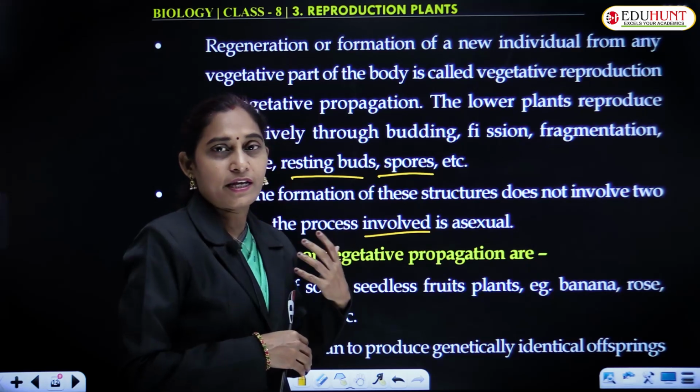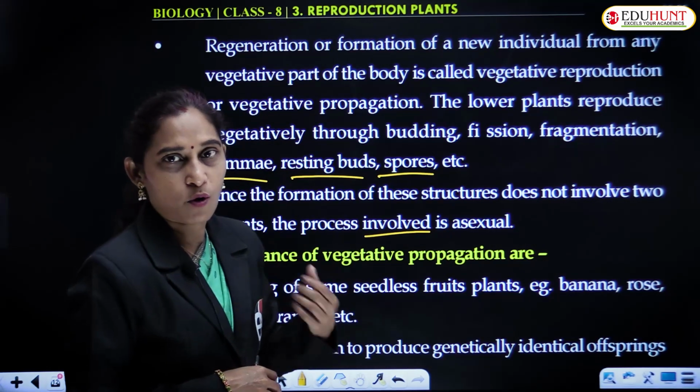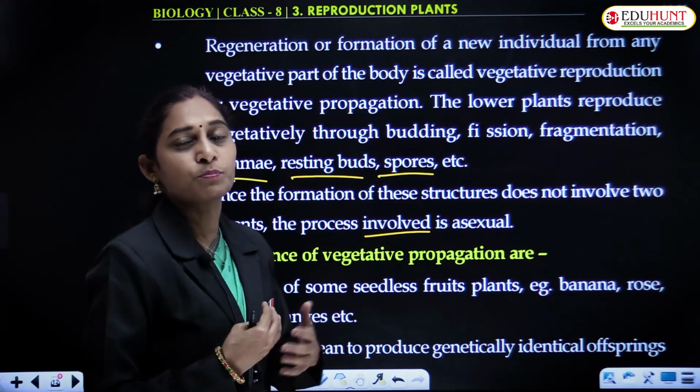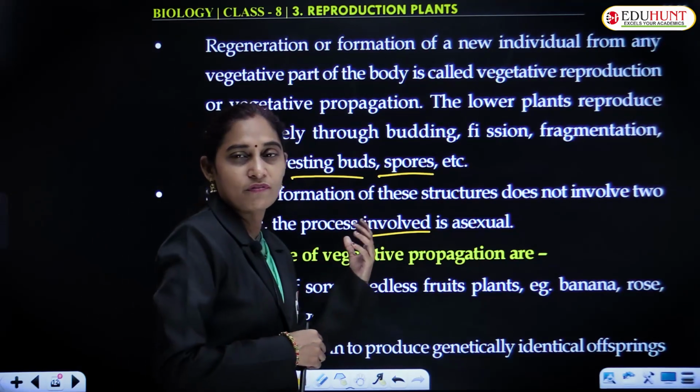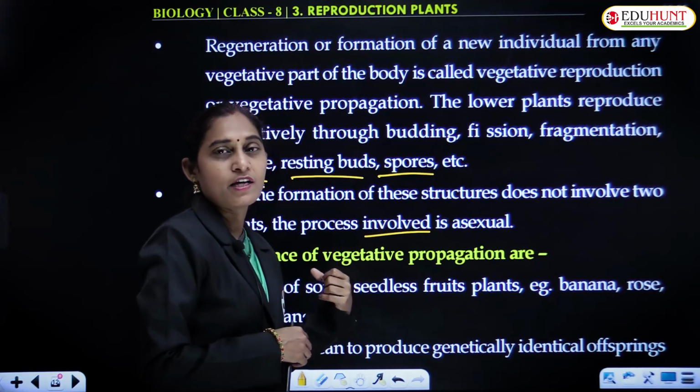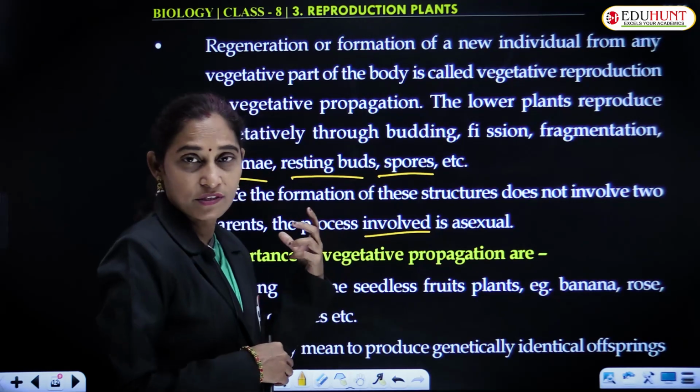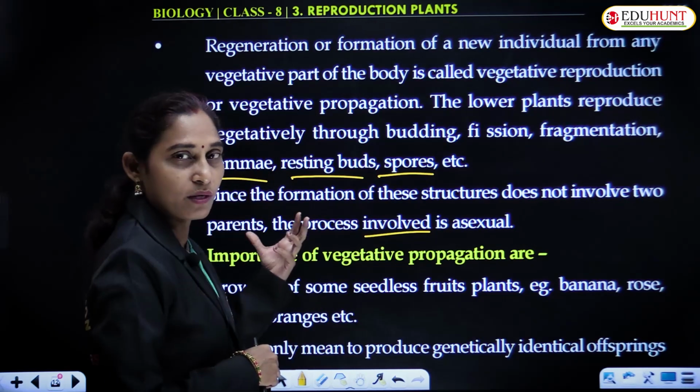So, if we take care of the plants properly, each piece will give rise to a new plant. It is a mode of asexual reproduction. Vegetative propagation or vegetative reproduction is a kind of asexual reproduction.